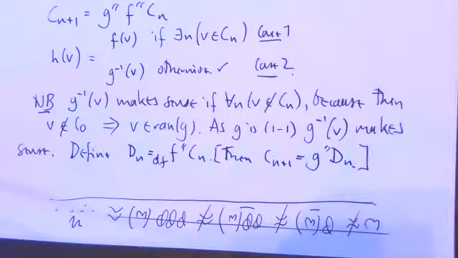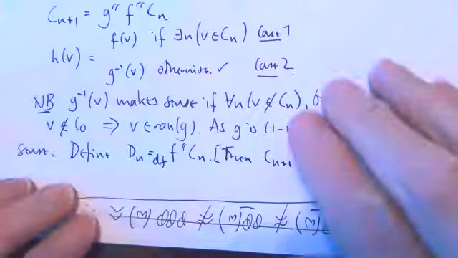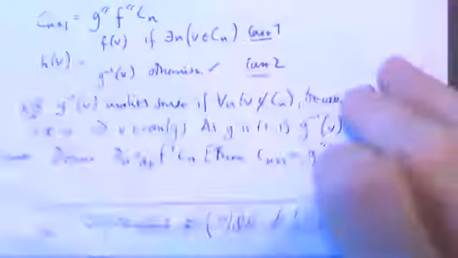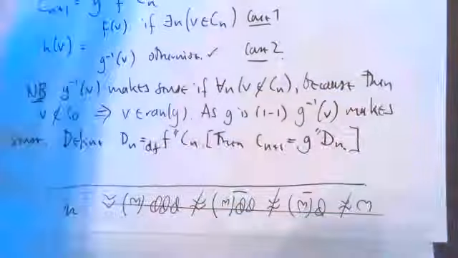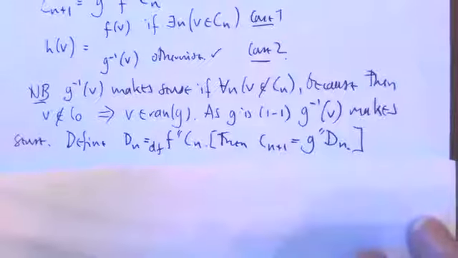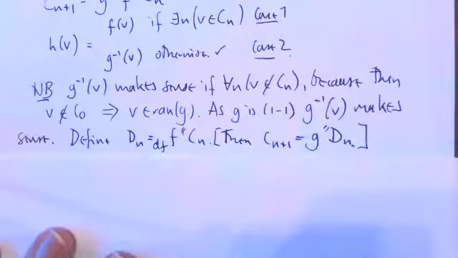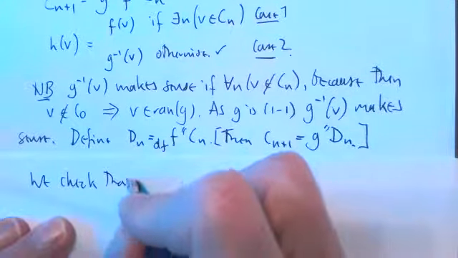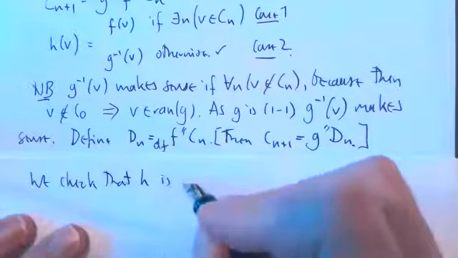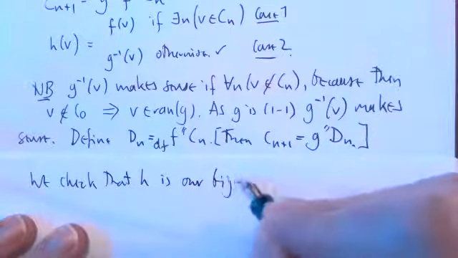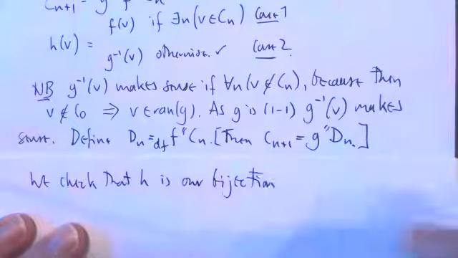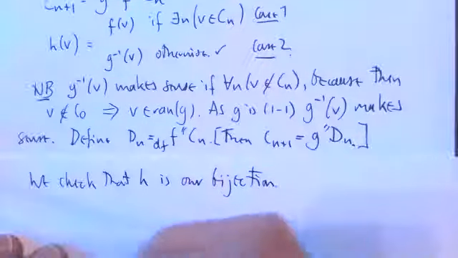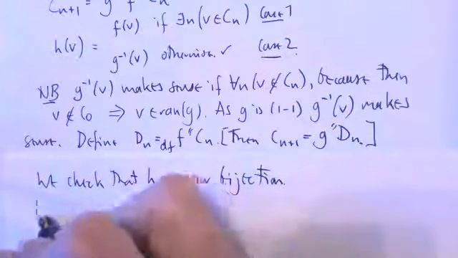So we'll check that H does what we want. It's supposed to be 1 to 1 and onto from X to Y. So we check that H is a bijection. Okay, so H is 1 to 1.